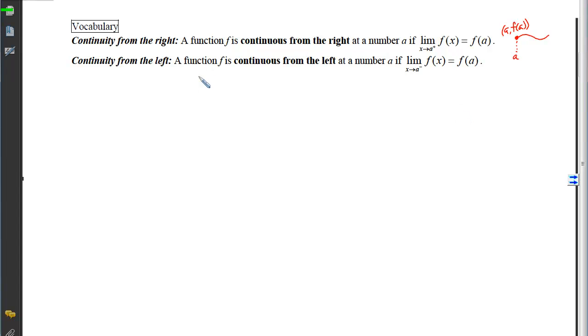If we look here, continuity from the left, we have the same thing except instead of approaching that point from the right, I'm going to approach that point from the left. So in this case, we would have a curve coming off the left tail, and again we'd have an x coordinate of a, and our limit would run into that y coordinate f of a.